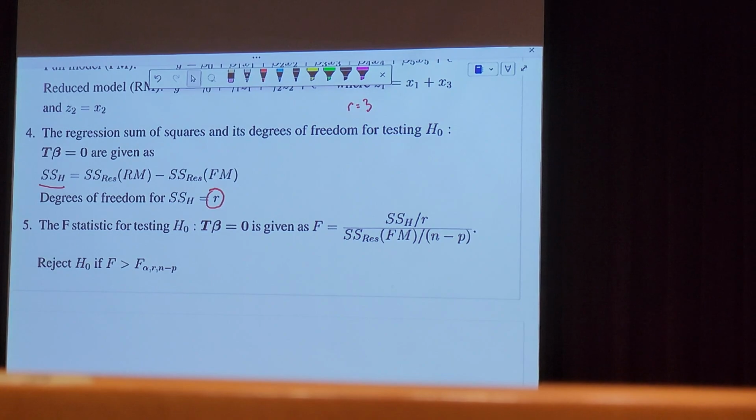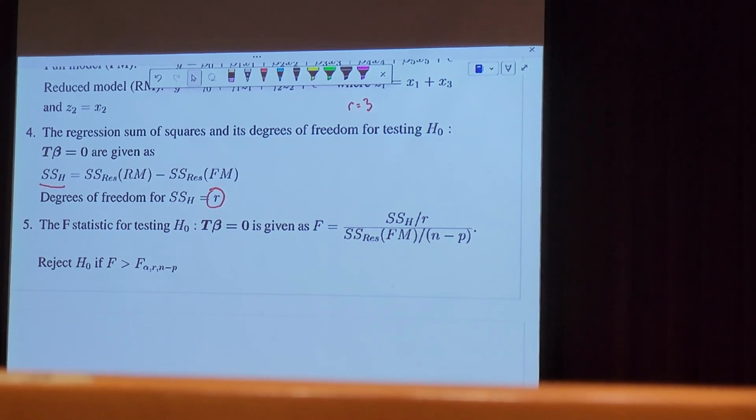Some of it I have already asked the students to do in the final exam. So you have to be good in theory if you want to get an A+ or A. So the F statistic for testing this is given by this.